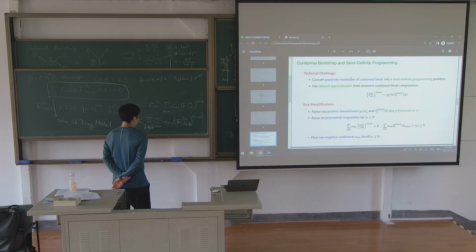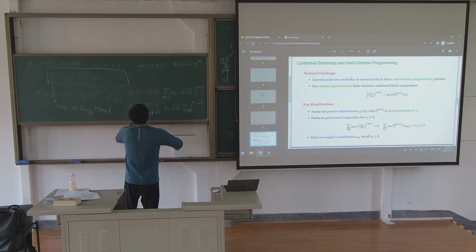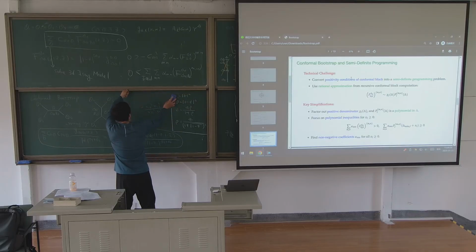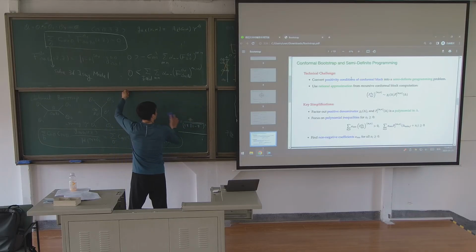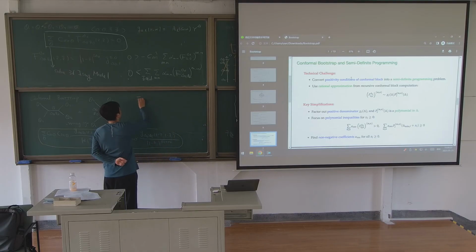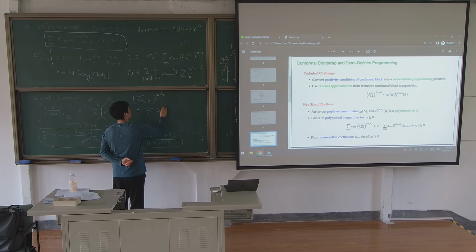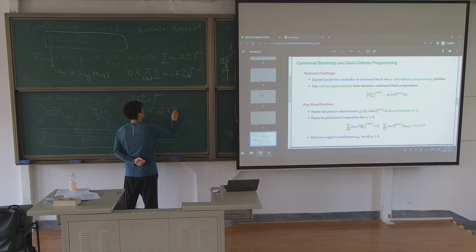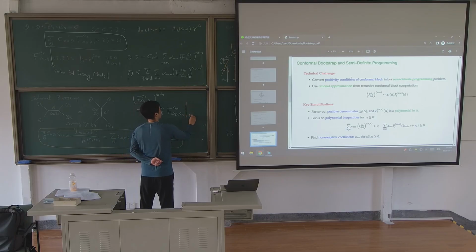As I mentioned, if you expand the conformal block with derivatives, there is f delta sigma delta operator l mn, which is a derivative acting on z and a derivative acting on z bar on the original conformal block of O and l, and then set z equal to 1/2 and z bar equal to 1.